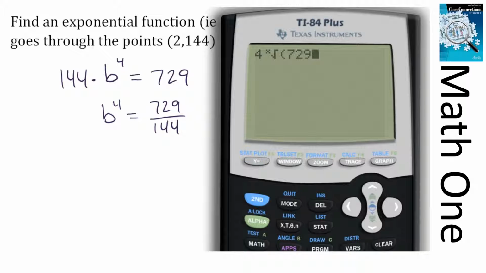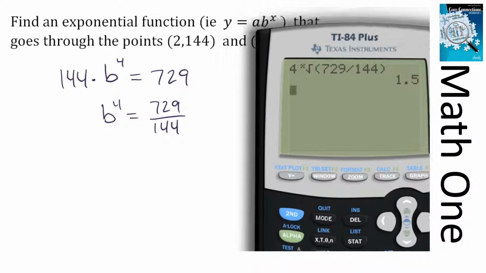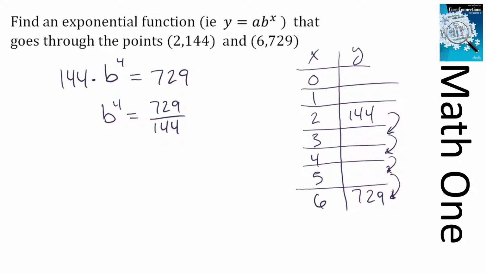You can see I've opened parentheses, divided by 144, close parentheses. Now when I do that, I get exactly 1.5. So the 4th root of 729 over 144 is 1.5. What that means is that that's exactly what b is. b is equal to 3/2 or 1.5.